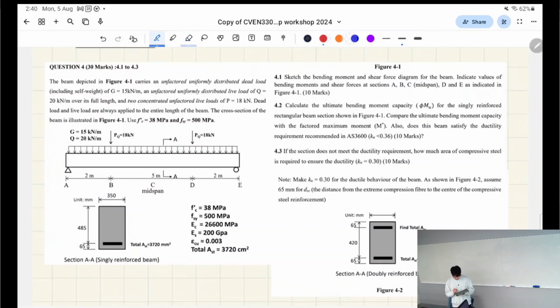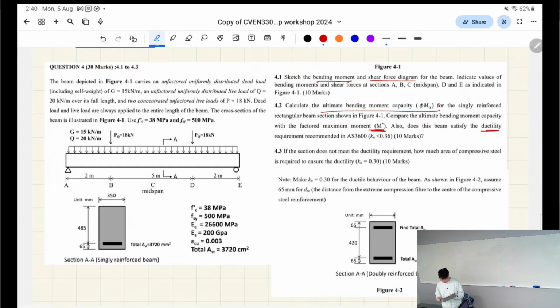So let's read through what's required in all the parts, right? First, the bending moment and shear force. This is almost like 1300 revision, with the factored loads in mind. The next is finding the ultimate bending moment capacity, and then comparing it to the bending moment diagram and checking for ductility as well.